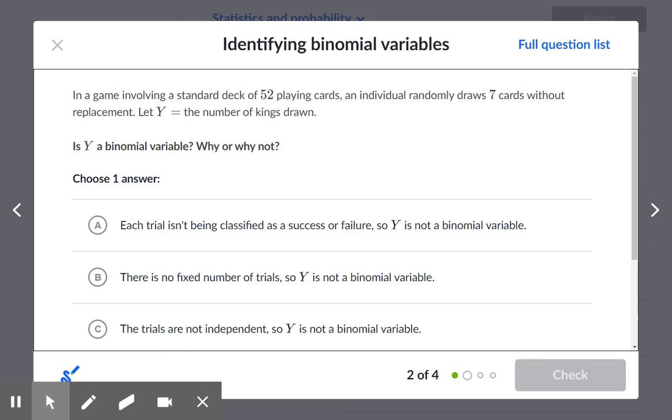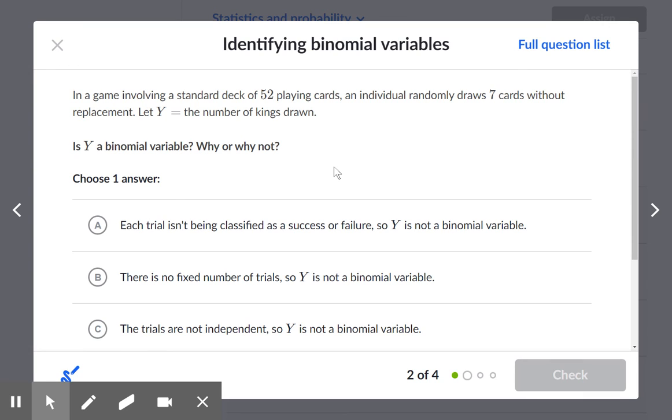If you are drawing cards without replacement, the probability that the first card is a king will be 4 out of 52. But once that card is taken out, the probability of the second card being a king, let's say the first card is not a king, you still have 4 kings left, but it's out of 51 cards now because the first card is already thrown out.